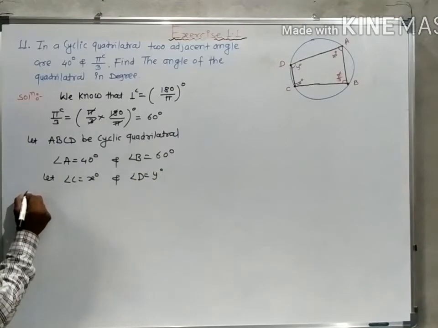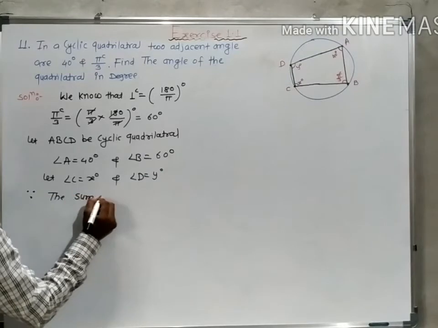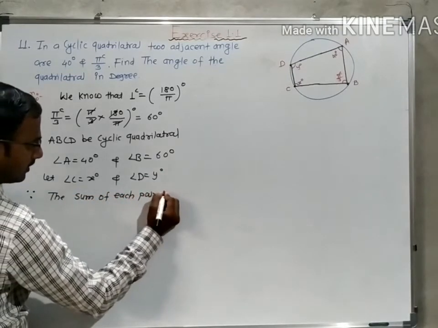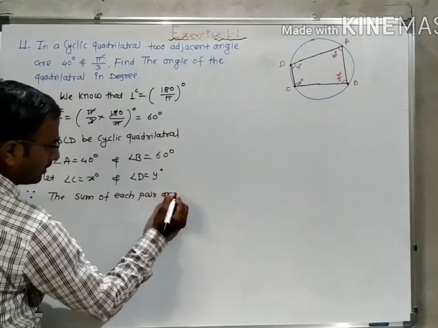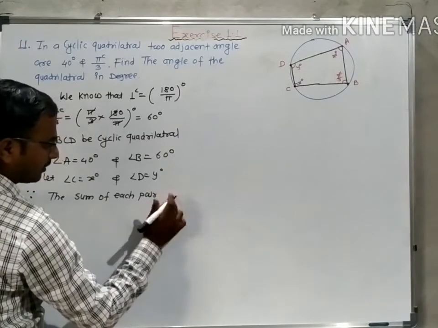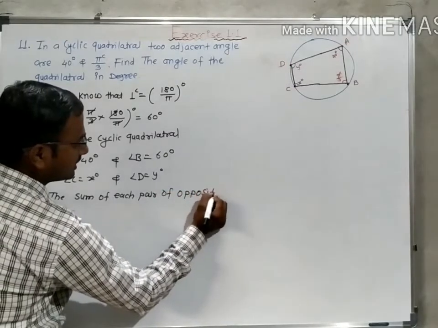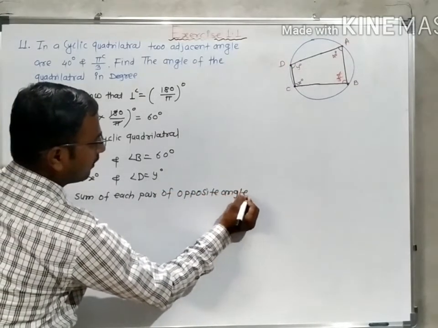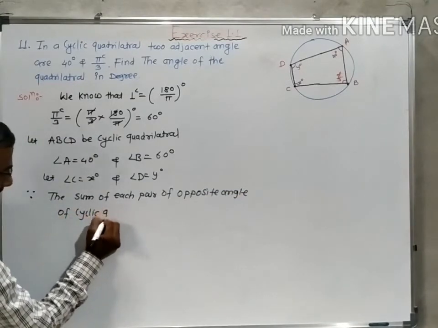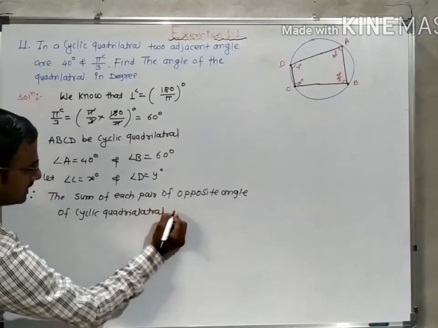Since the sum of each pair of opposite angles of a cyclic quadrilateral is 180 degree.